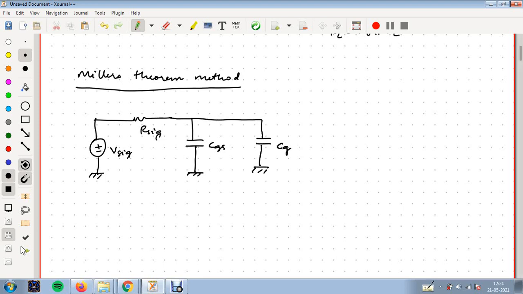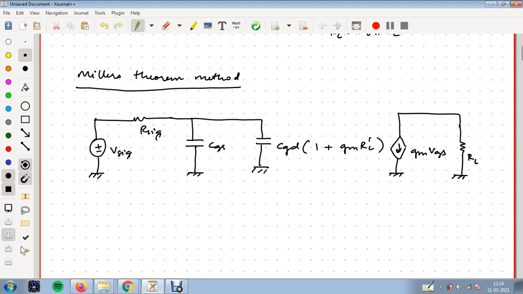I call this CGD into 1 plus GM into RL prime. Here you had the dependent source, GM VGS. Then here you have RL prime. Then here you have CL prime. For this, we generally look at this part of the circuit.